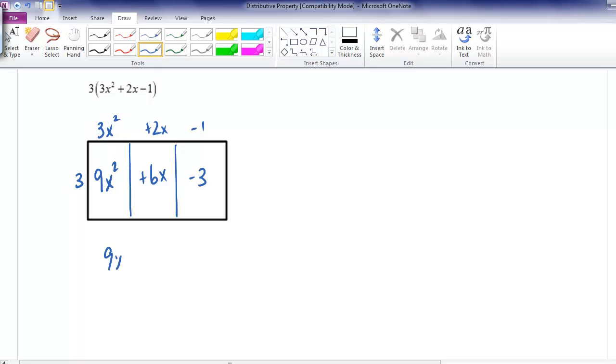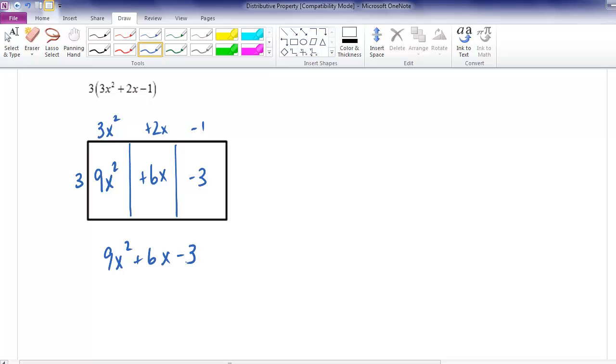And our final answer is going to be what we see in the box because there are no like terms. Now I'm not going to do this last one using the fishing method, but it's exactly the same. So I just want to review. You do not have to do this area method of multiplication.